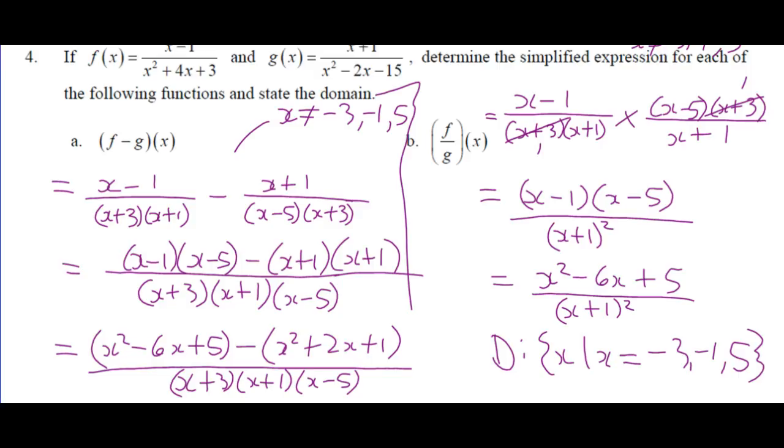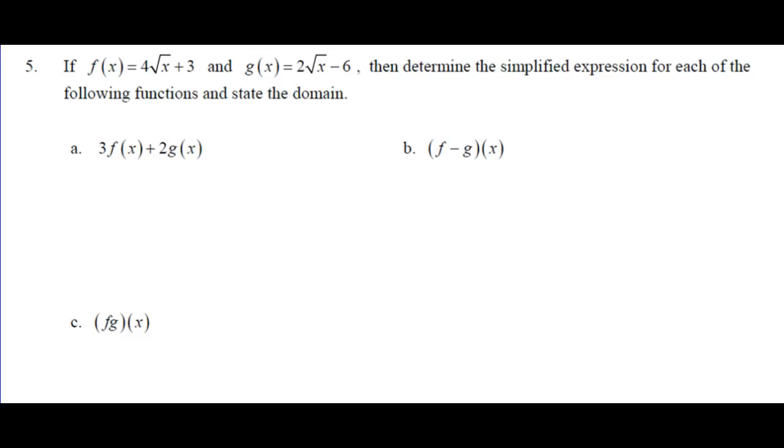And we'll be done. Class will be over. If f of x is equal to, now we get radical, and g of x, then determine the simplified expression for each of the functions and state the domain. Okay, so what do we know about domains right here? X must be greater. Right off the bat, I know x has to be greater than or equal to 0. Now, if I'm just going to multiply by 3 and multiply by 2 and add them, I'm not really going to change the domain any, right?